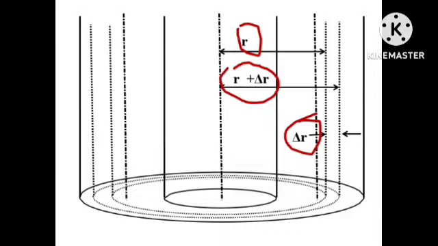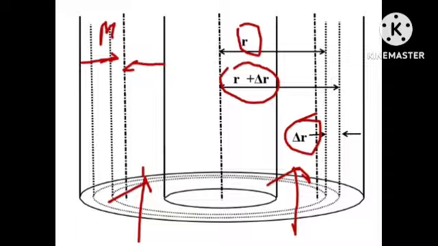Let me revise this once again. See, this is moving from downward to upward in the cylindrical. And this is the momentum flux. Let me remind you, this is called the momentum flux.